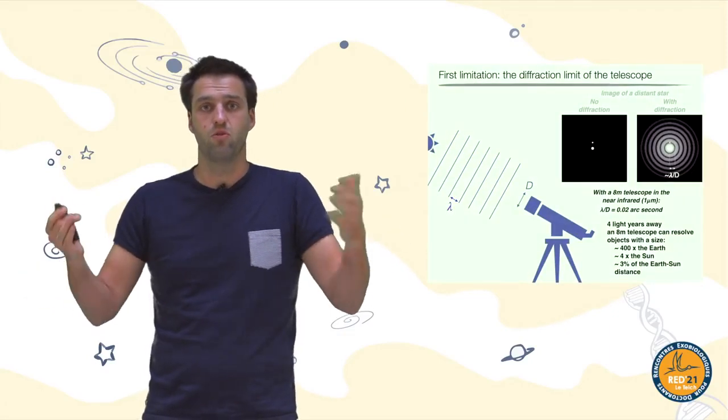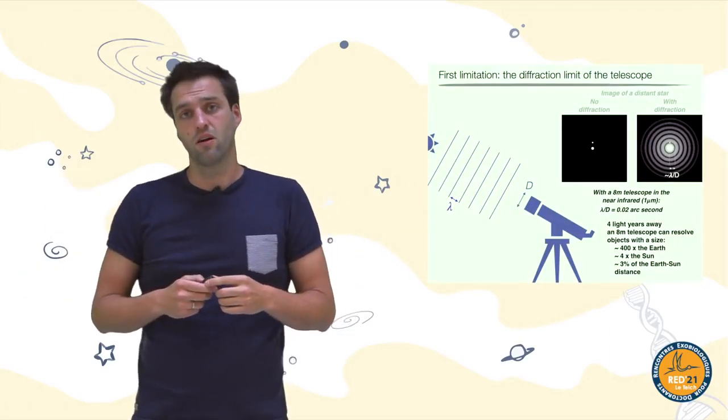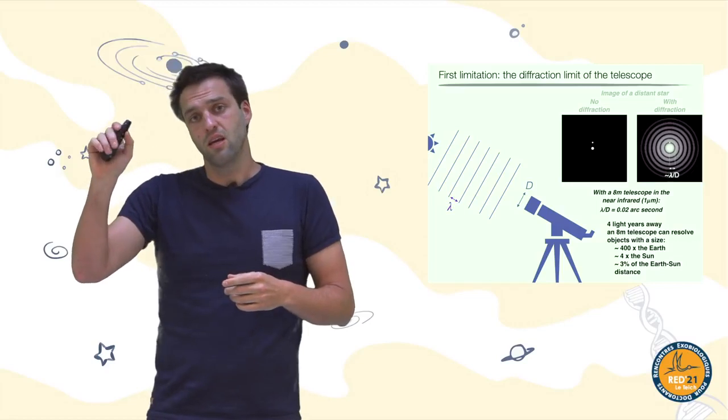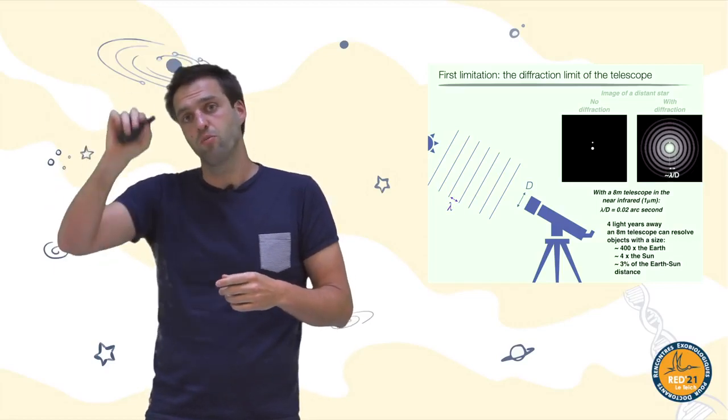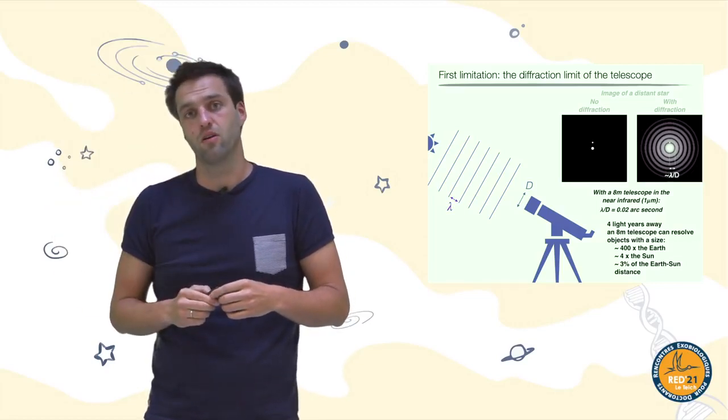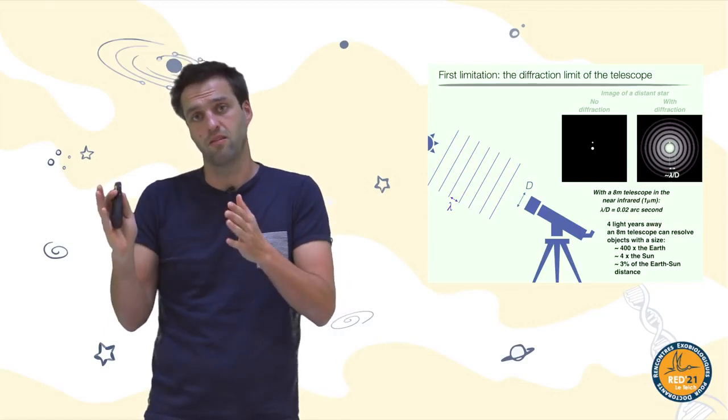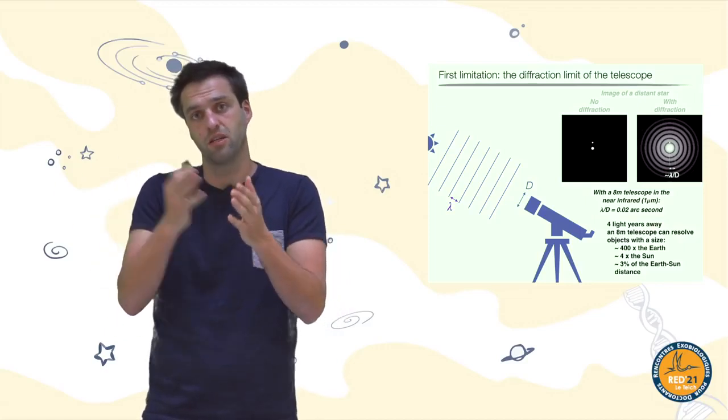So what it means is that if we have this 8-meter telescope looking at the closest star, we could see a planet if it were orbiting at the same distance from its star than the Earth is orbiting from the sun.